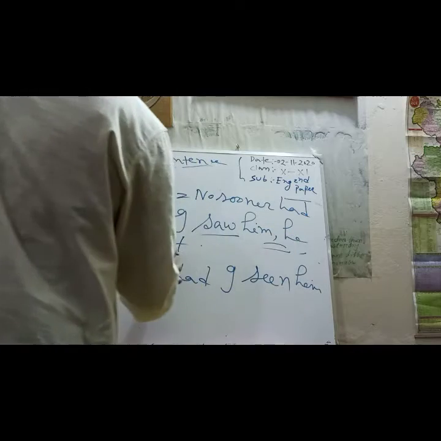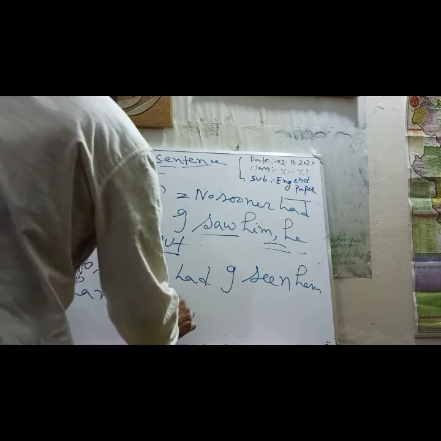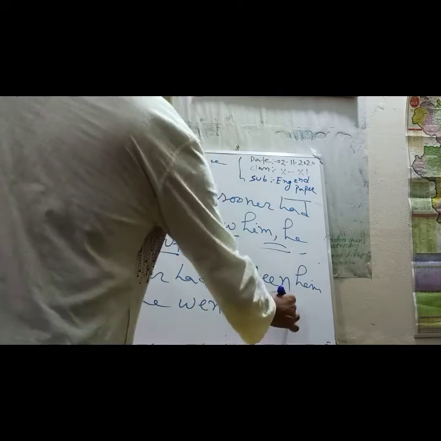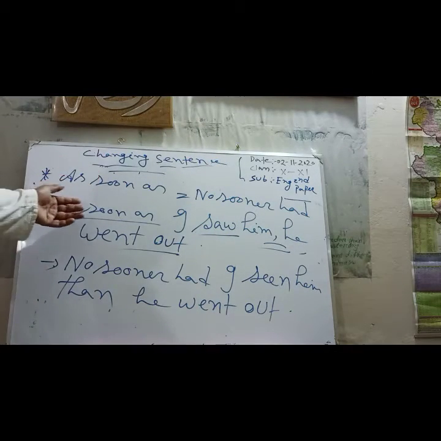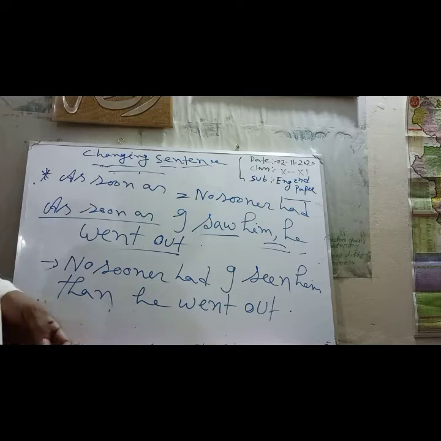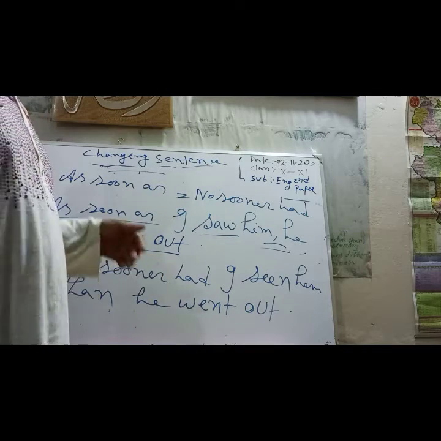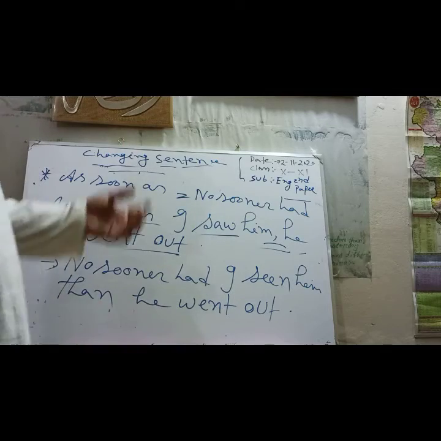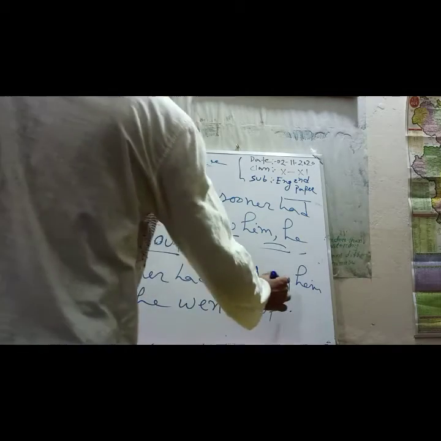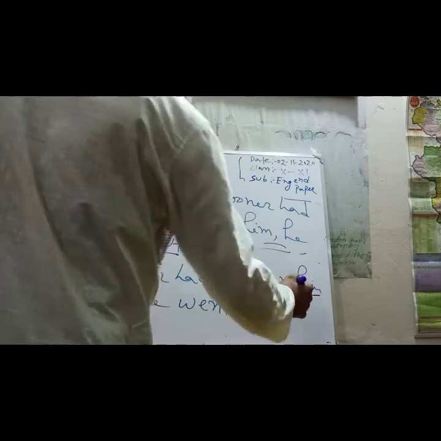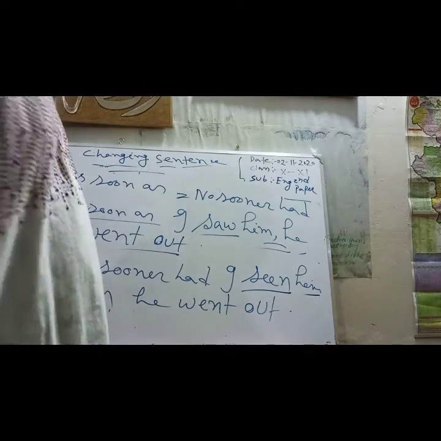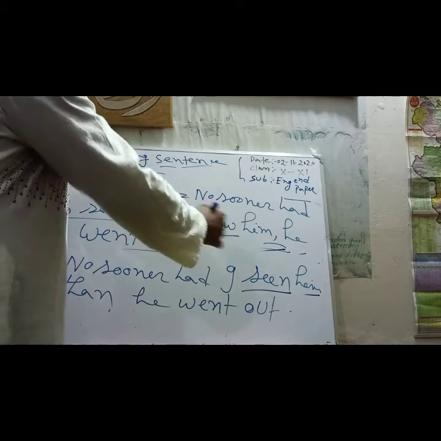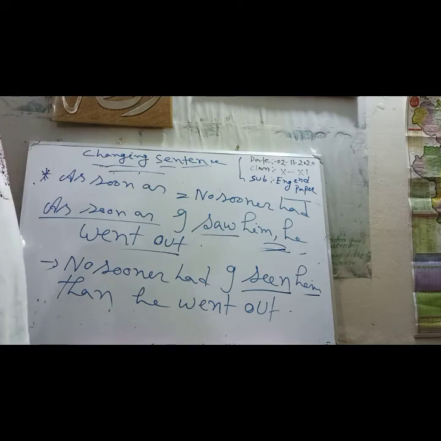And the next sentence: he went out. If we get as soon as, then we use no sooner had. Instead of as soon as, we use no sooner had, and then subject, and then the past participle form of the verb, and then object. And instead of the comma, we use than, and then the next sentence.